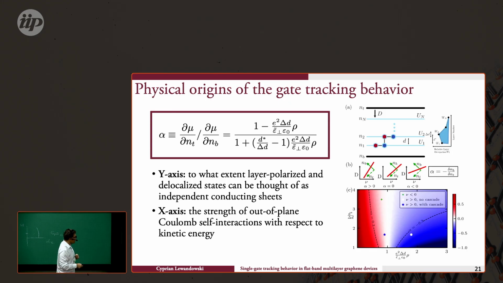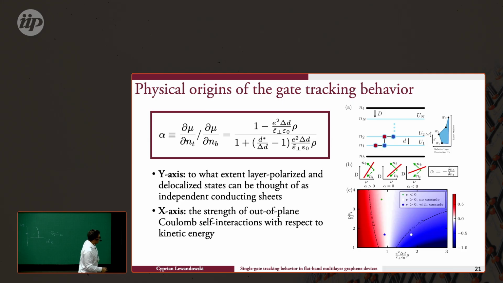And on the x-axis I have this term which is characterizing the competition of the electrostatic Coulomb energy along the perpendicular direction to the kinetic energy. And necessarily this quantity is always bigger than 1.